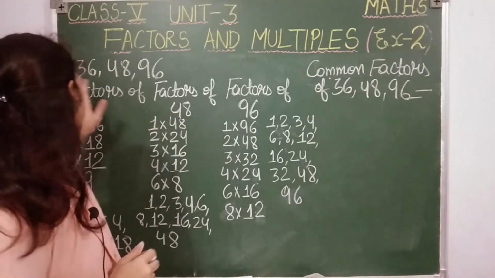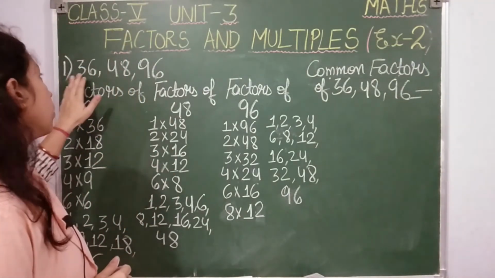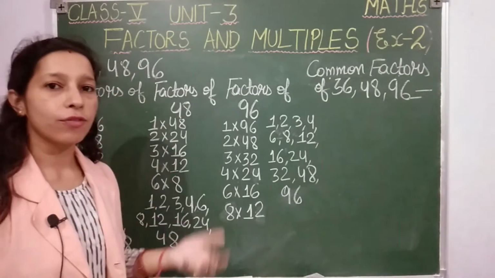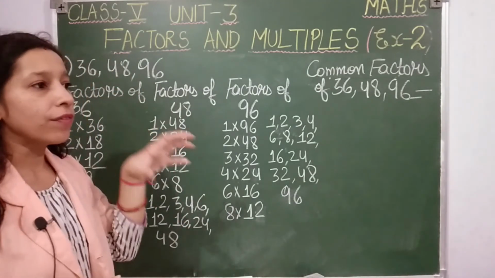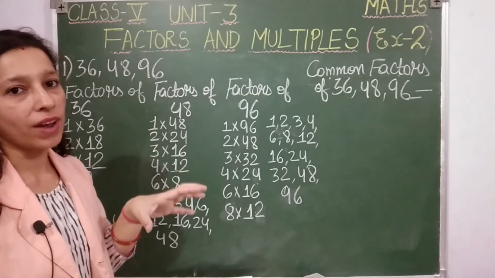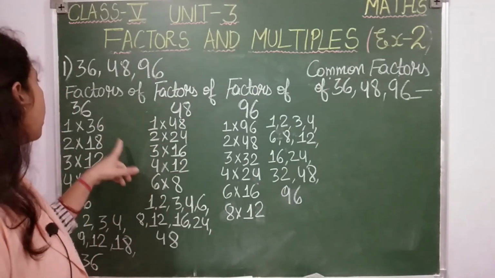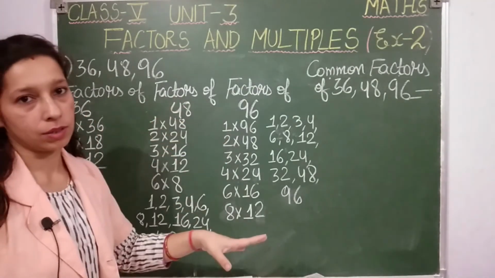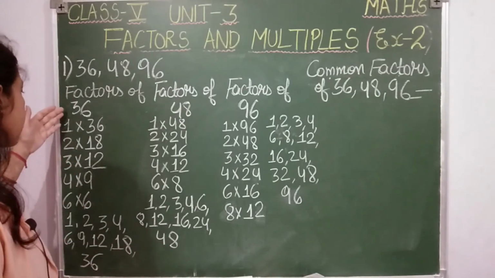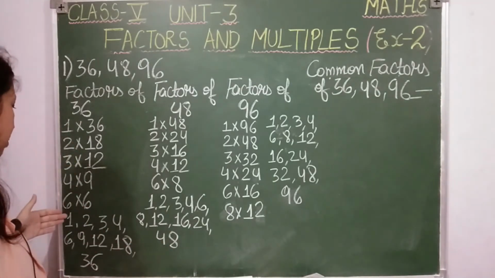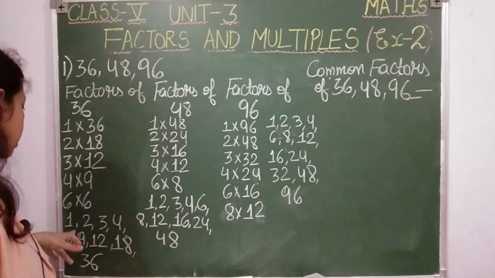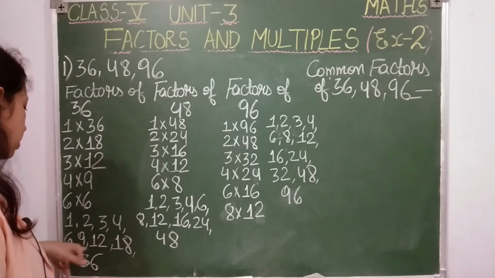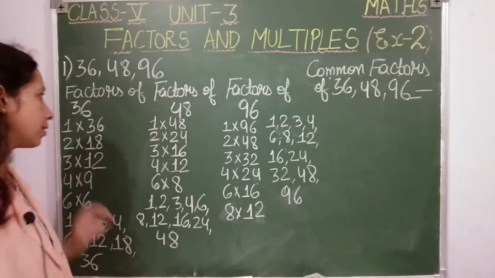So students, in I point there are 3 numbers, 36, 48 and 96. We have to calculate their HCF. So when we will find the common factors, that factors should be common for all these 3 numbers. Okay, let us see for 36. I have already written the factors. See the factors of 36 here are 1, 2, 3, 4, 6, 9, 12, 18 and 36.